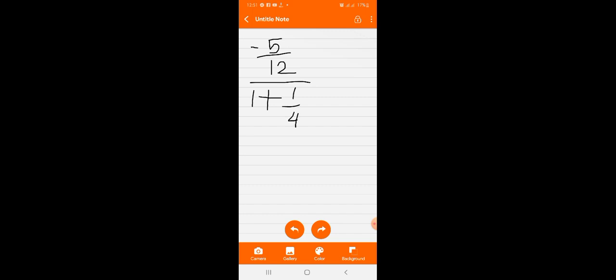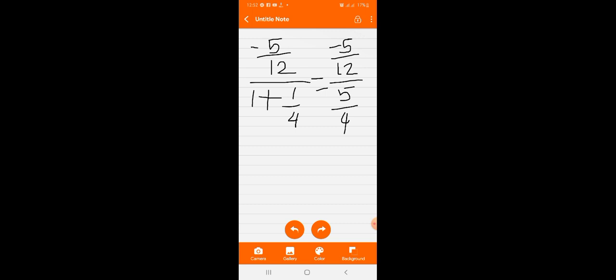Then add 1/4 plus 1. So we will have negative 5/12 over 5/4.